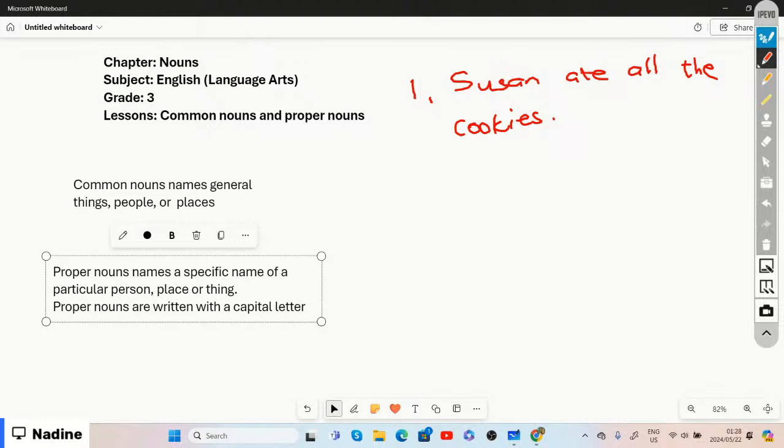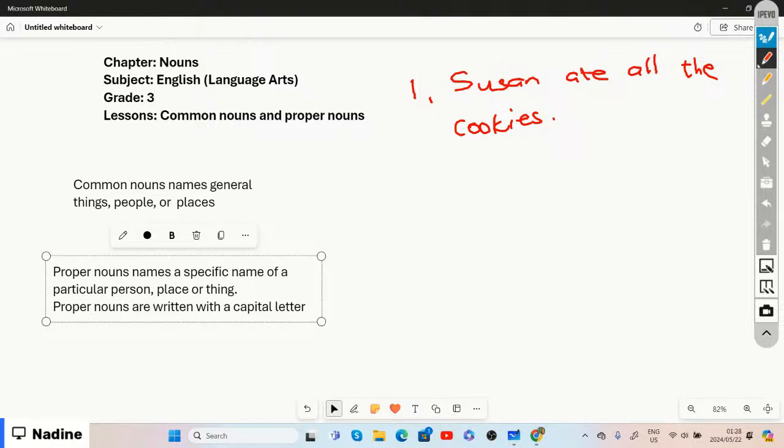Okay, and if we were to identify the proper nouns, remember we said nouns basically just show general people, places, things, and animals, right? But with proper nouns, instead of just saying teacher, you give the teacher's name. That is a proper noun. A common noun is just saying teacher, or for example just saying man or woman, but a proper noun is where you say the man's name or the woman's name.